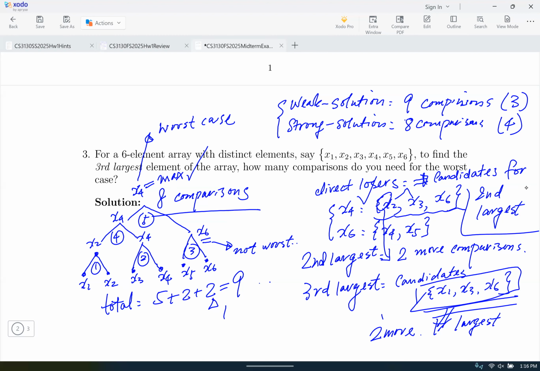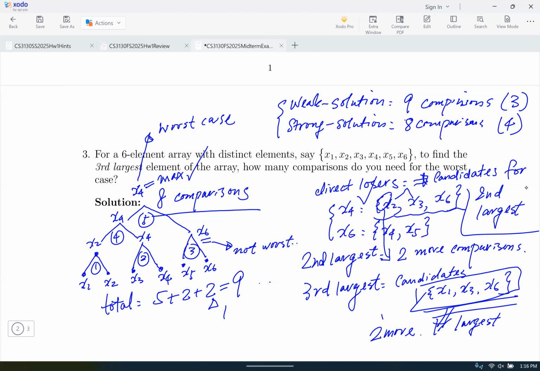But the strong version is very complicated. So I do not talk about that because here I do not have enough time. I just post my solution in the solution file. You study by yourself.